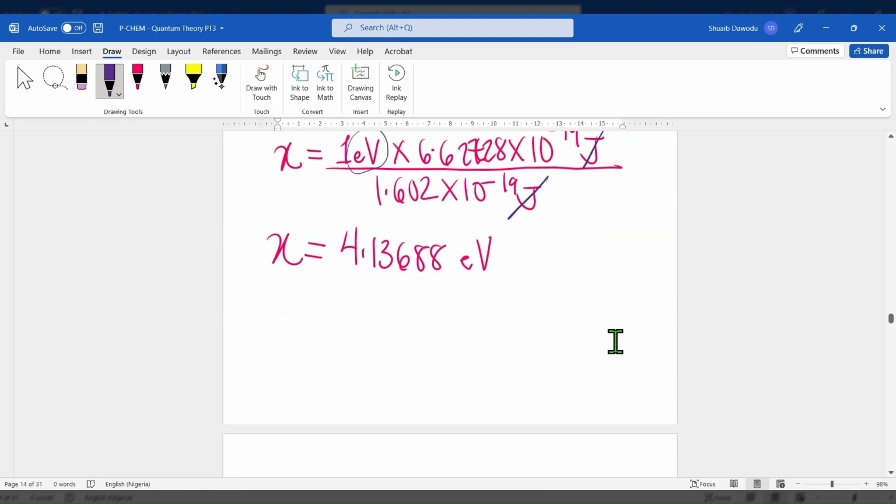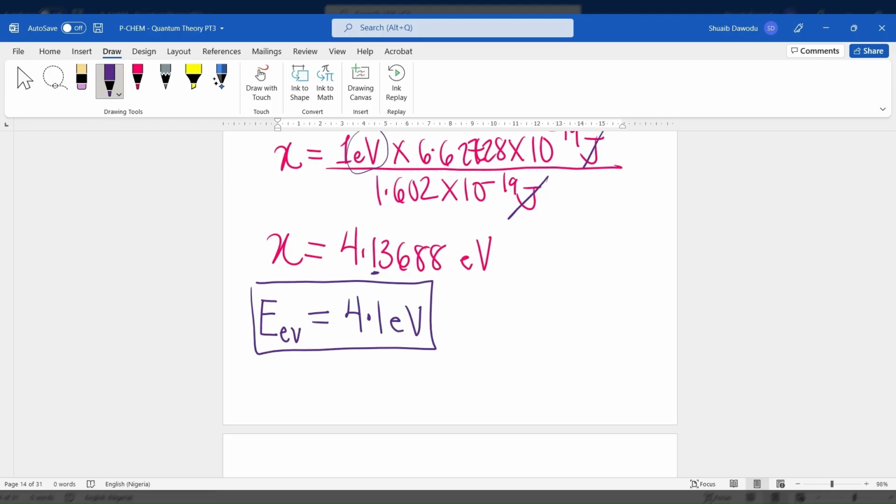So our final answer is going to be in two sig figs. So basically E, the energy in terms of electron volts, E sub eV, is equal to 4.1, again two sig figs, electron volts. And this is the answer to this question.